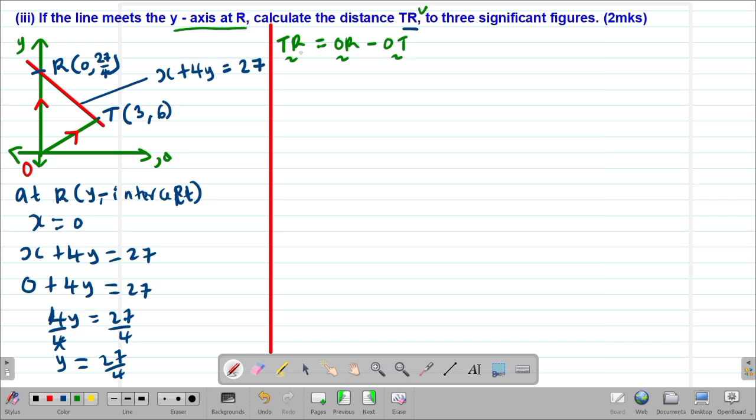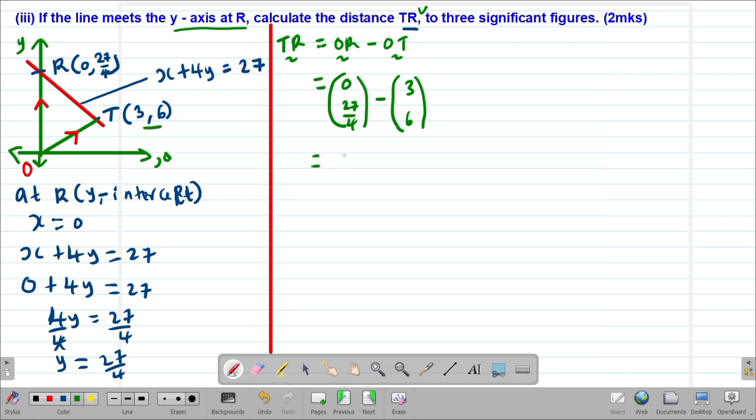The vector OR will be given by the coordinates for point R, which is 0, 27 over 4, then minus the coordinates for OT, which are simply 3, 6.